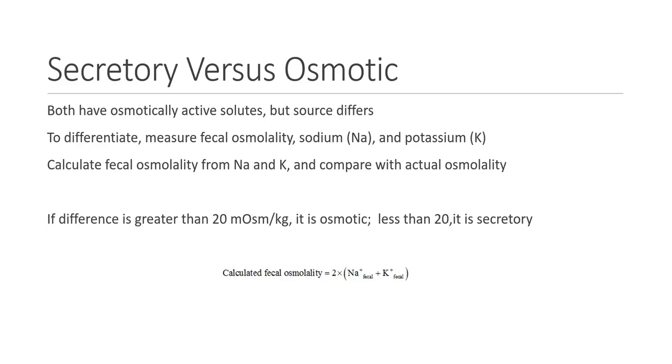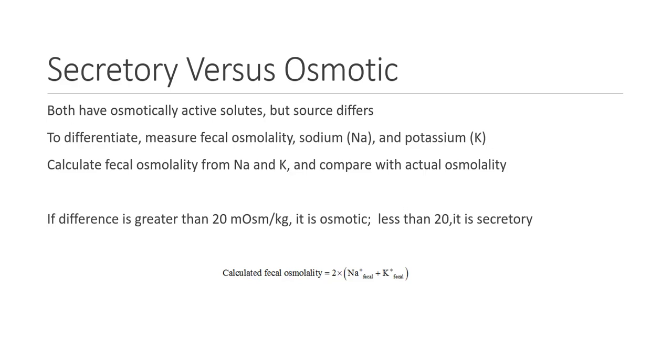Tests can be performed to differentiate secretory versus osmotic diarrhea. These both have osmotically active solutes, but the source differs. So to differentiate, you need to measure the fecal osmolality, which is sodium and potassium. And osmolality is the amount of dissolved substances in a fluid, usually.